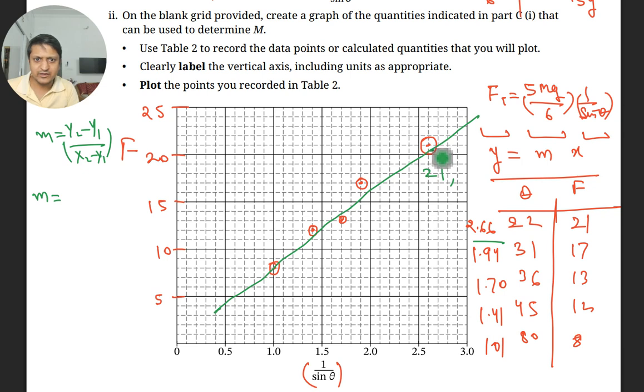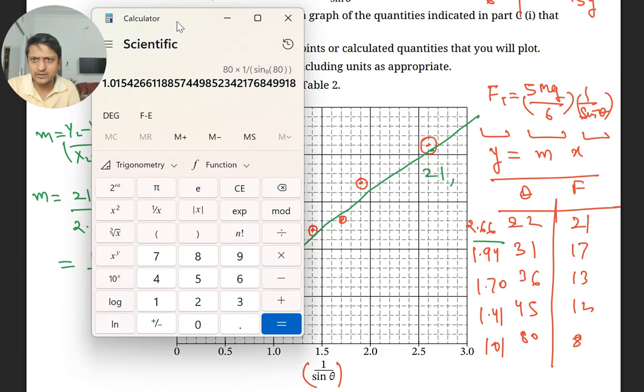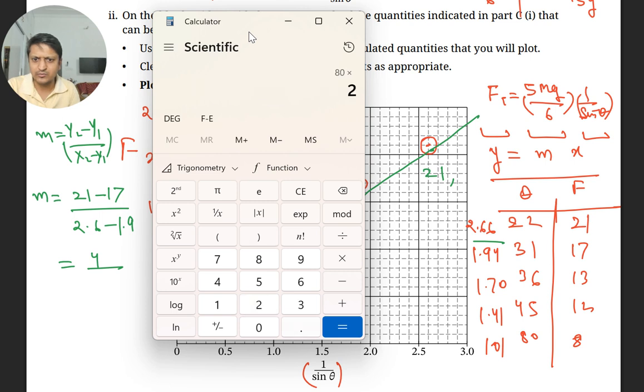So here the y coordinates give 21 minus 17, which is 4, divided by 2.6 minus 1.9, which is 0.7.